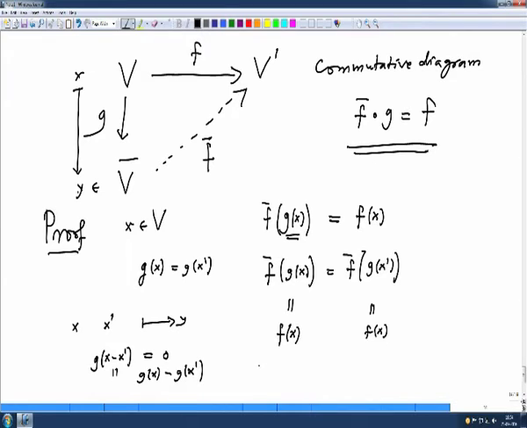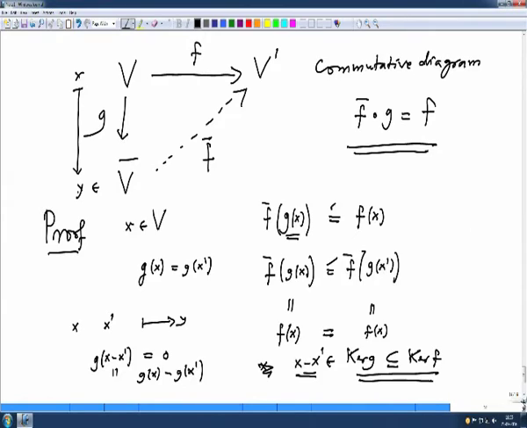So, this means x minus x prime belongs to the kernel of g, that is given, and the kernel of g is contained in the kernel of f, that is the given condition. So, when this happens, the f's should be equal, and once the f's are equal, this is well defined.